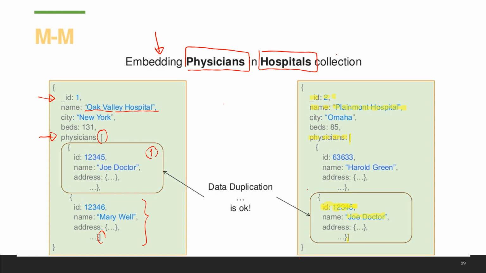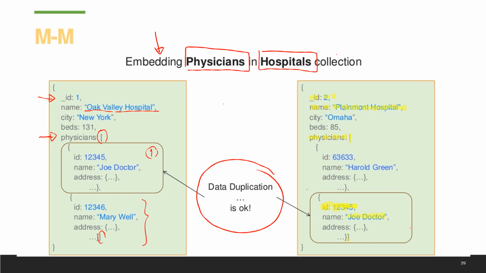So what is seen here is that data is duplicated. Data about Joe Doctor is duplicated at least twice, as shown here in 2 hospitals. If Joe Doctor works for 10 hospitals, his records will be duplicated 10 times in those 10 hospital documents, right?